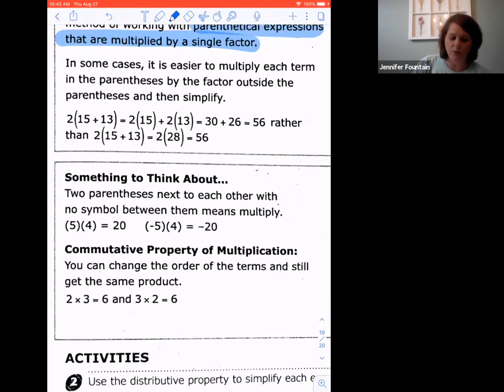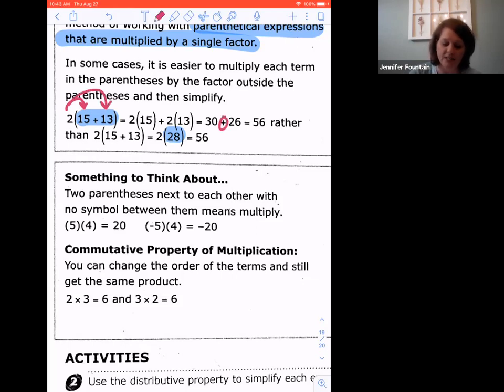Now, if I'm working with 2 times 15 plus 13, if I were to add 15 and 13, that's going to be 28, and then I would multiply 2 times 28. So using the order of operations, I could either perform what's in my parentheses and then multiply, or I can use the distributive property to multiply 2 times 15 and then 2 times 13 and then add them together.